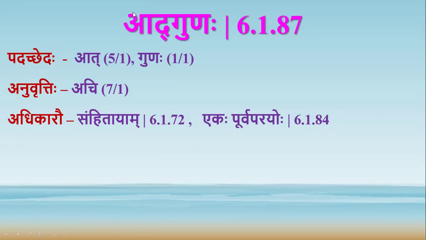So this sutra comes under these two Adhikara sutras. Samhitayam means the Adgunaha is applicable only when there is Samhita, and here the Purva and Para combine to form Ekaha Adeshaha. So Anvayaha, the Anvaya of the sutra.